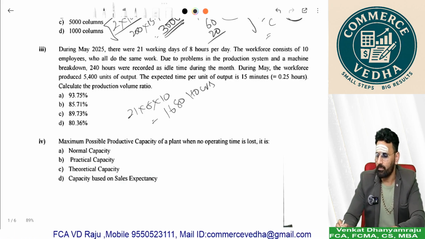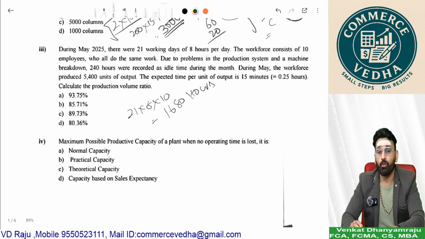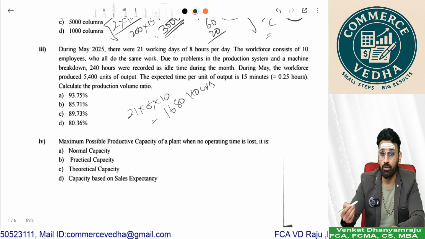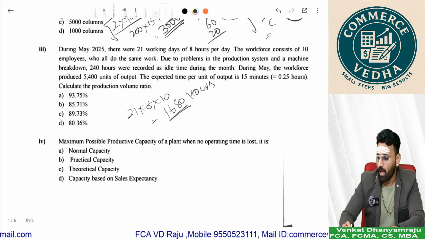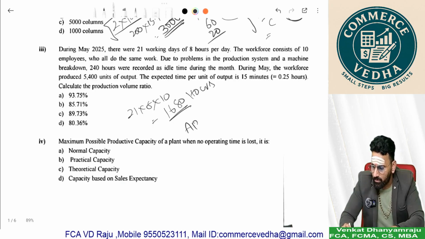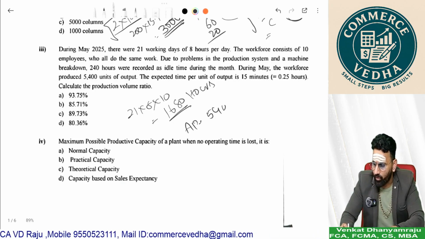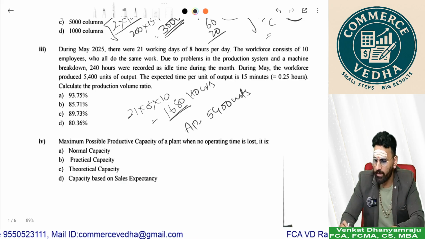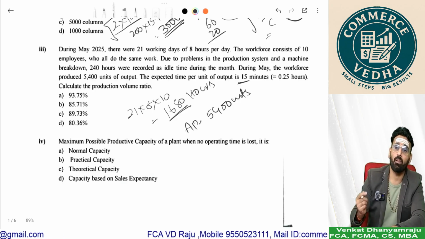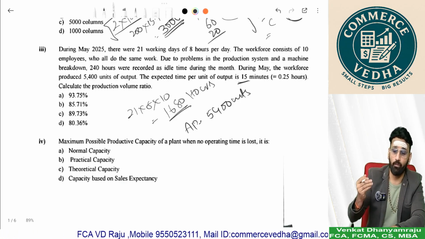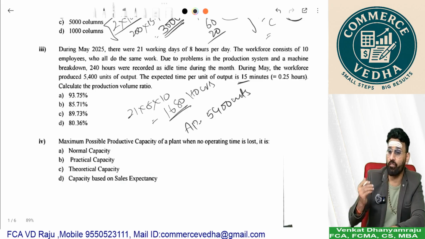And the workforce produced 5,400 units of output. This is 1680 hours, and actual production 5,400 units. And it says expected time is 15 minutes. 15 minutes means 1/4 of an hour.